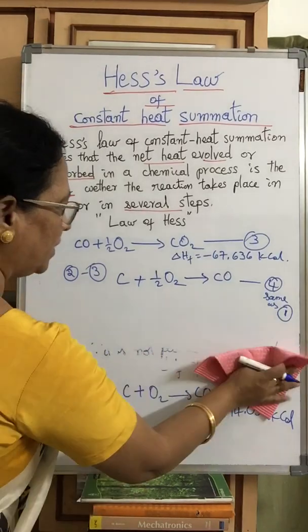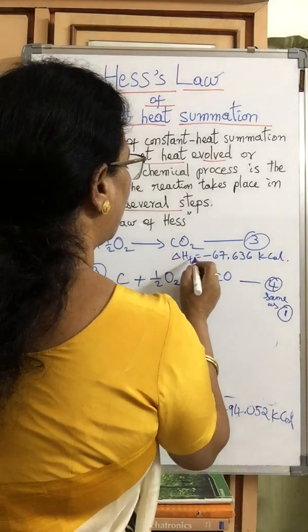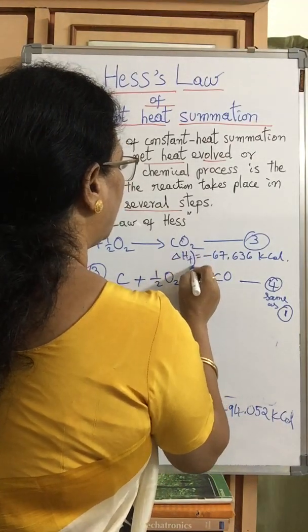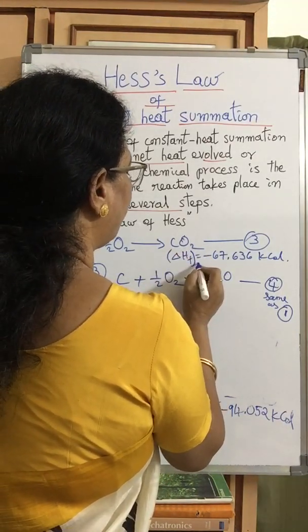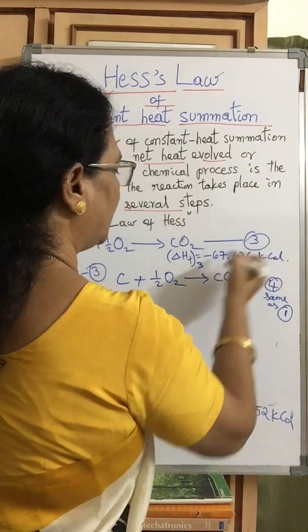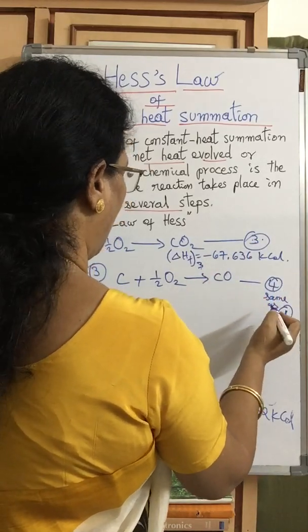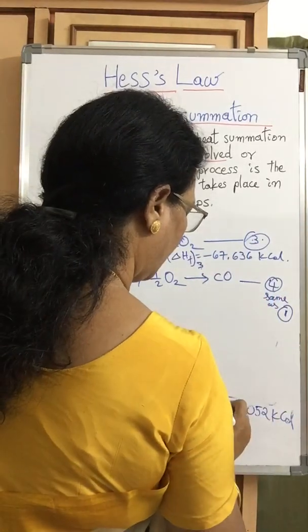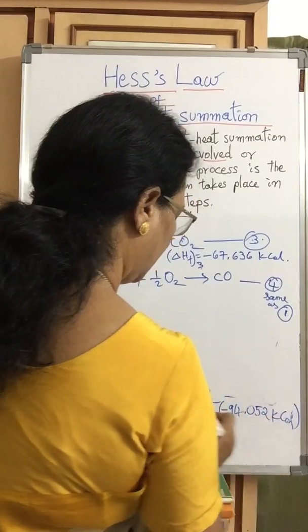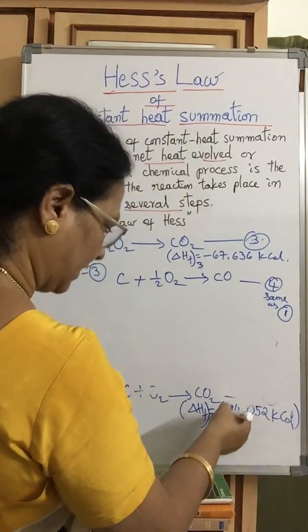So now, can we say delta HF of 3, meaning the third equation, and delta HF of 2, meaning the second equation.